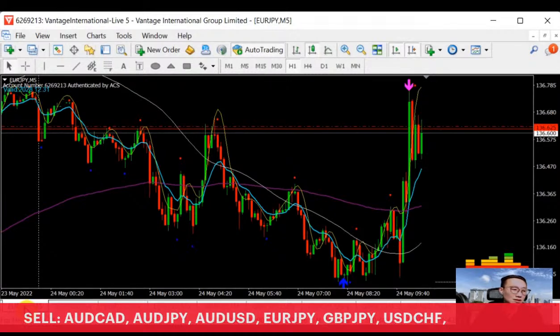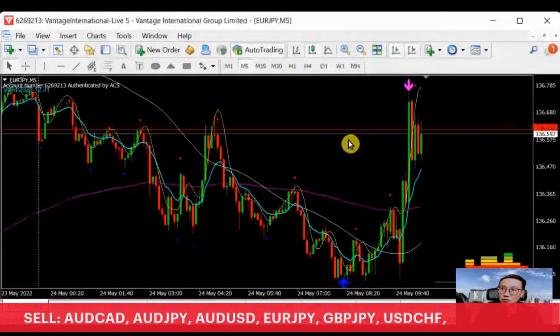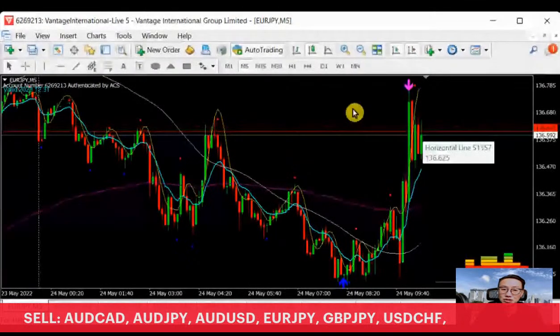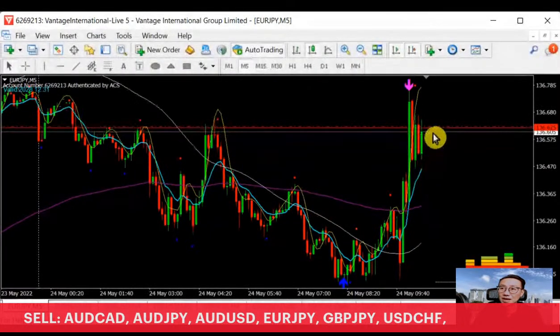Euro Yen is something that we can probably pay more attention to. That is because over here Euro Yen tested the resistance, and when it came down, right now it went up to retest the resistance, and you can see it's actually been testing the resistance for the past 15 minutes.